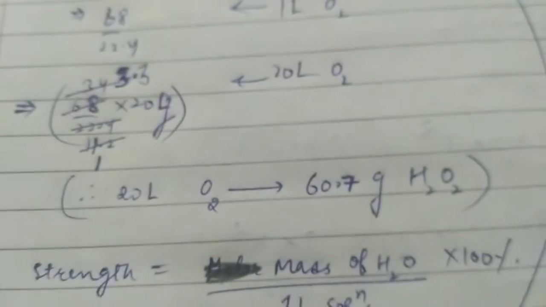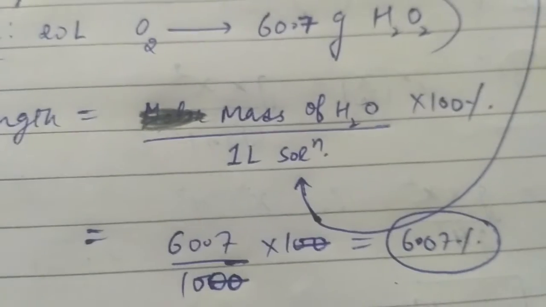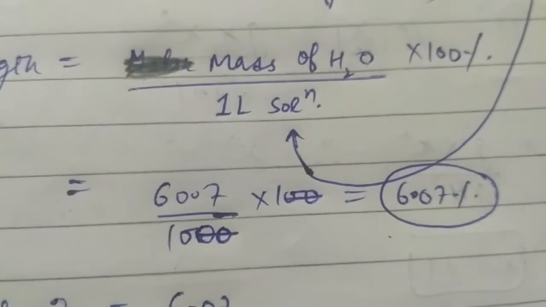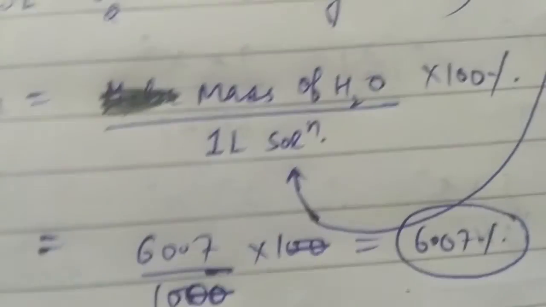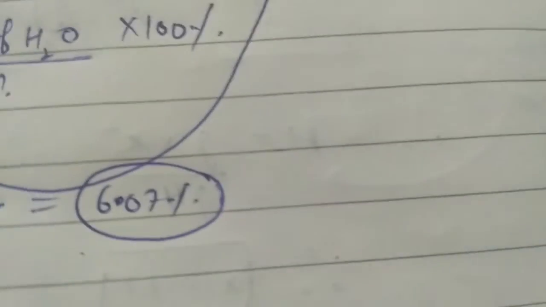It's my first video, so I was quite nervous while delivering this. So the mass of H2O2 is 60.7 upon 1 liter. 1 liter is 1000 ml, so it is grams per milliliter, into 100 for percent. So it will come to 6.07%.